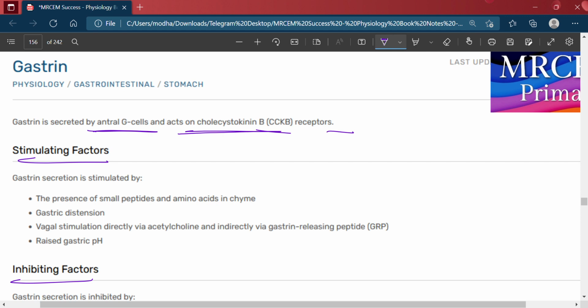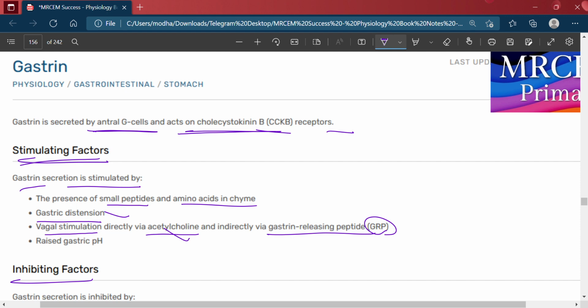Gastrin secretion is stimulated by the presence of small peptides and amino acids in the chyme, gastric distension, and vagal stimulation directly via acetylcholine and indirectly via the gastrin releasing peptide.